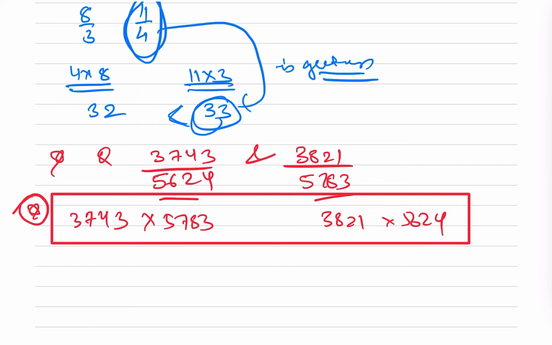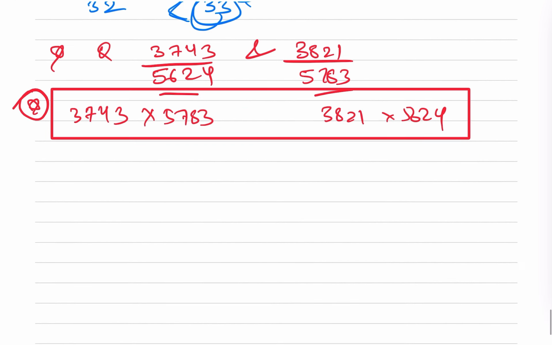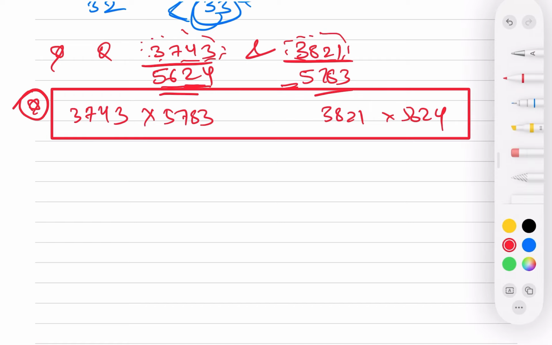So again, thinking about making the denominator the same, that also won't work, because the denominator is almost the same. This is 5624, this is 5784, but there is a very minute change, so your approximation may go wrong over here.